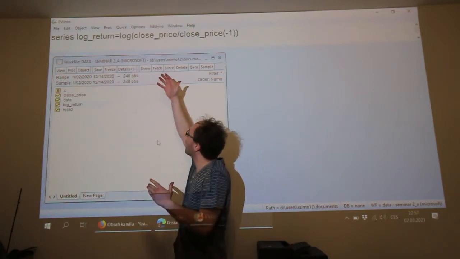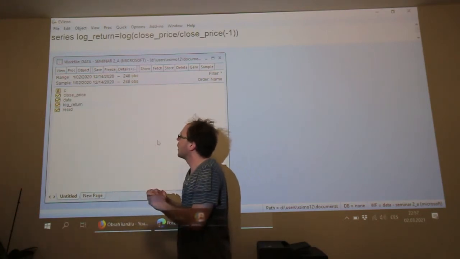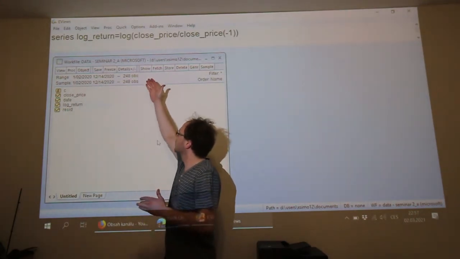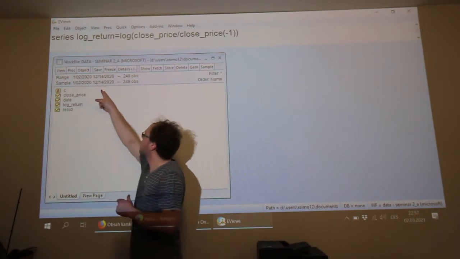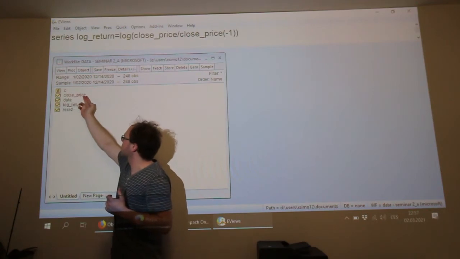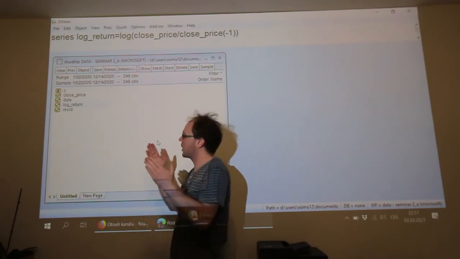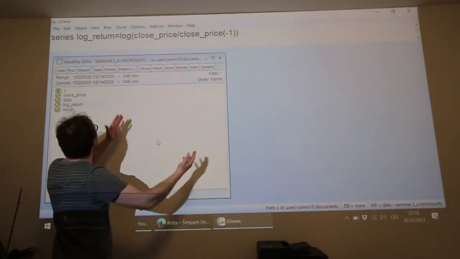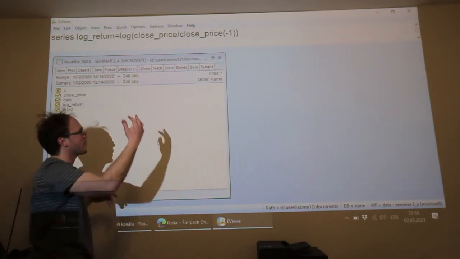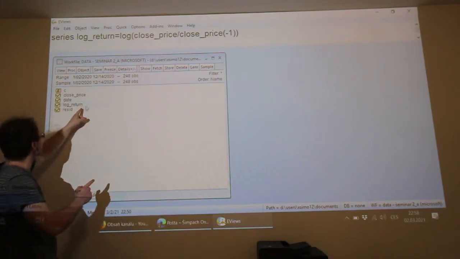So our well-known time series of 248 observations from 2nd January 2020 to 14th December 2020. So I have here the development of close prices of the real data set, and according to the formula, logarithm of the ratio of close price and close price in time t-1, we calculated log returns.